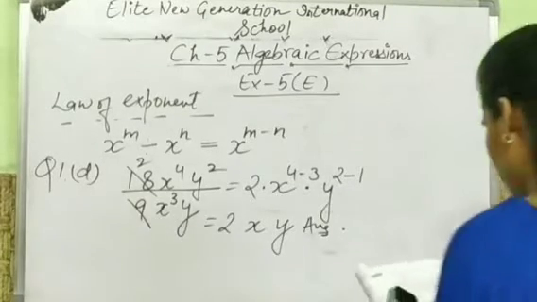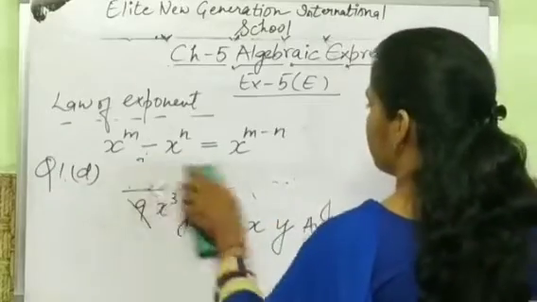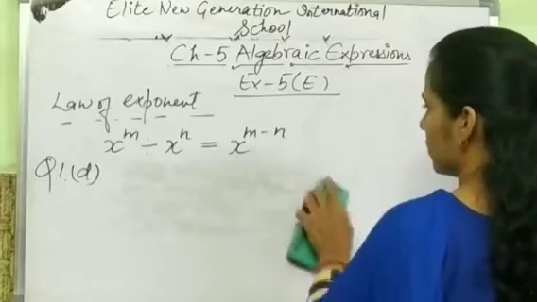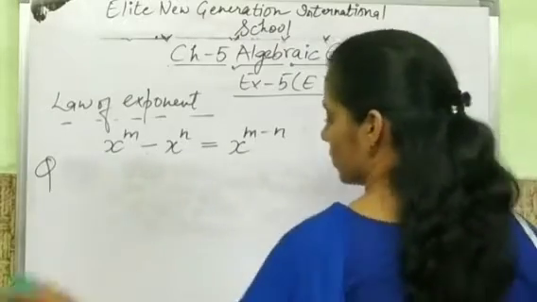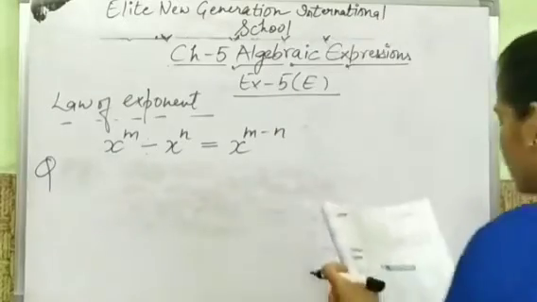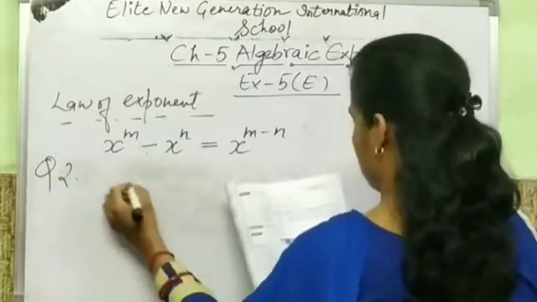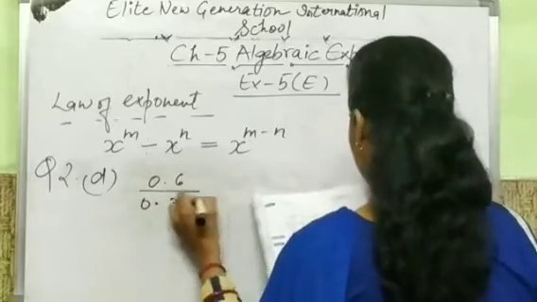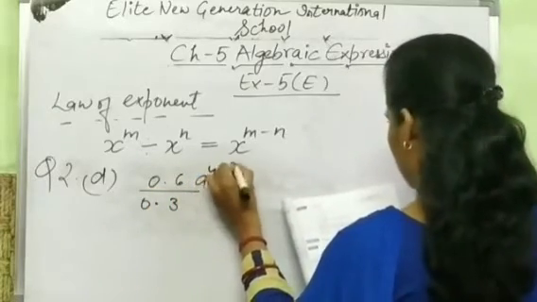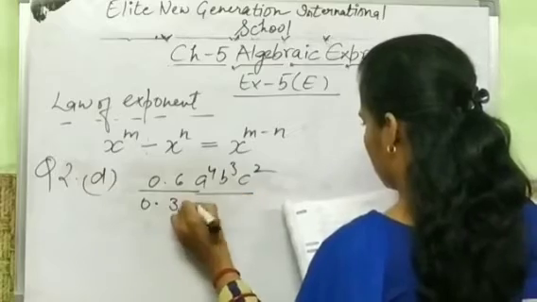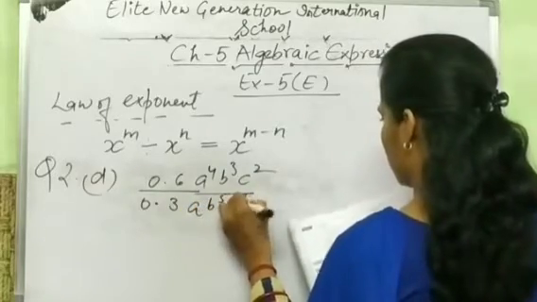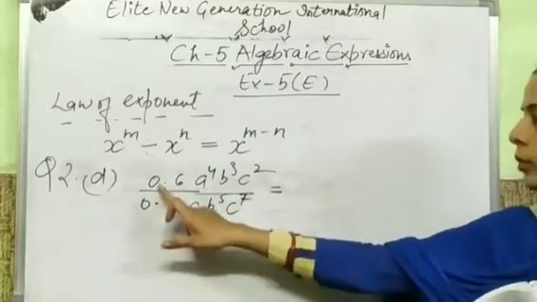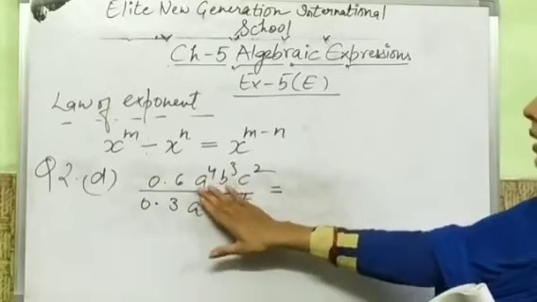Question number 2 part D. Here you can see a numerical value and 3 variables.